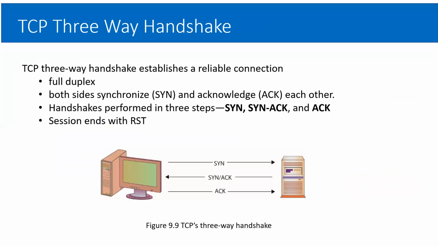If you select TCP, this is how you guarantee that there is a connection and that the data does arrive. The first thing that happens is a three-way handshake. It starts with a synchronize request, which goes from the requester, your workstation, to the server. A synchronize acknowledgement comes back from the server saying, hey, yeah, I'm ready to connect.